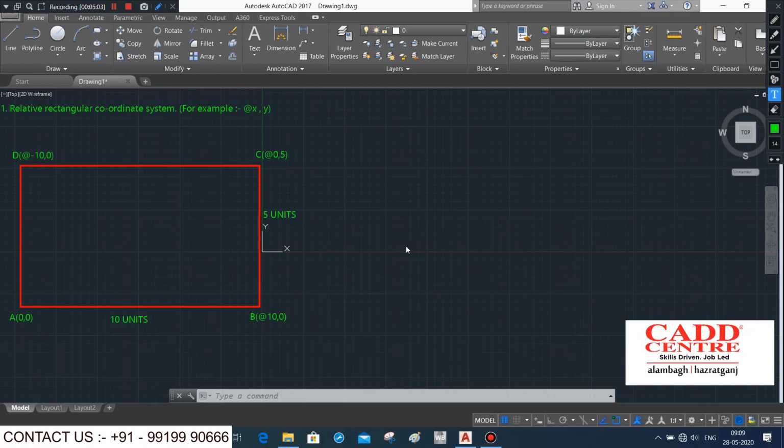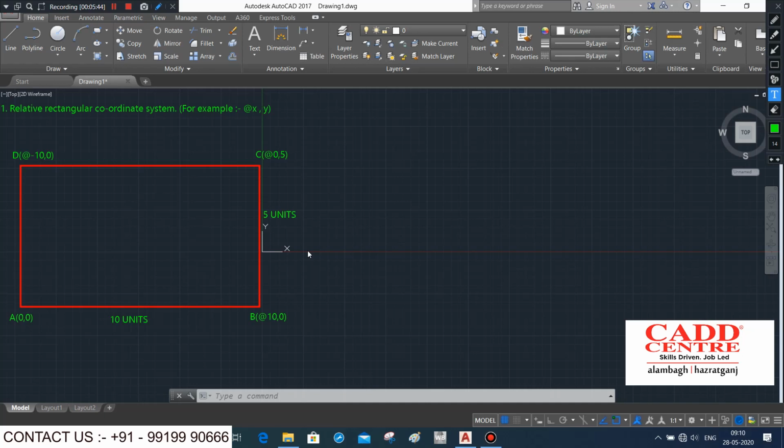Coordinates for A point is 0, 0, means first corner point of the rectangle has been set on origin. Now, if we talk about point B, we have written @10, 0, means our movement is in x direction, and for y we have written 0.